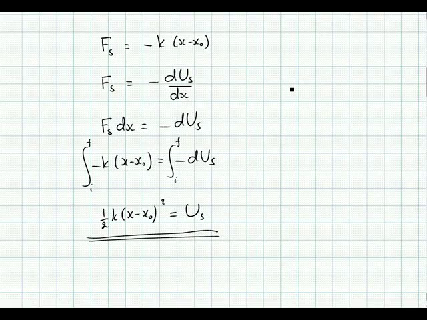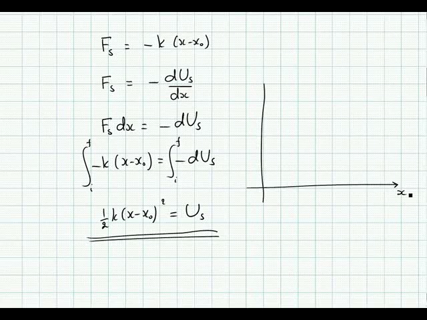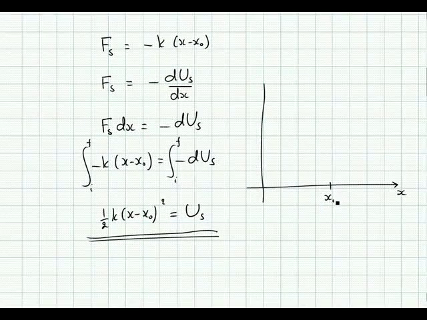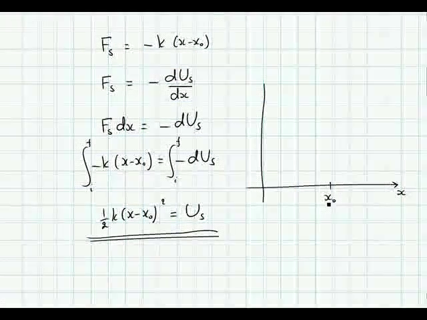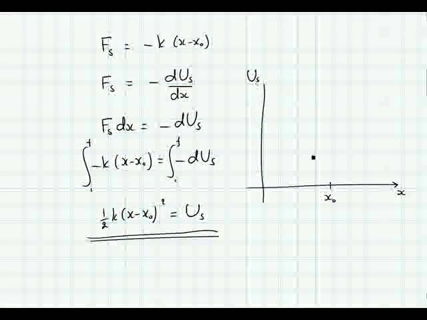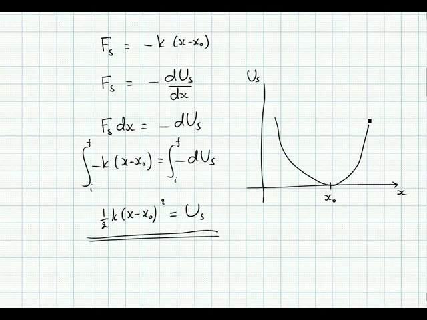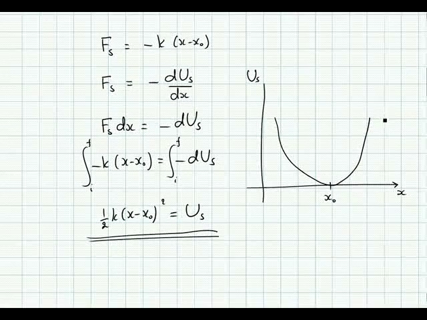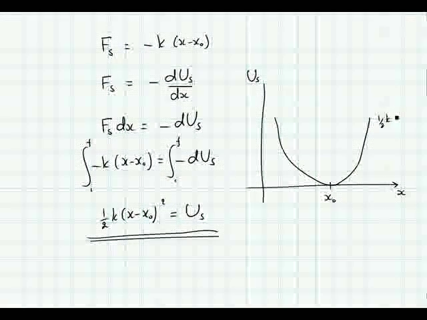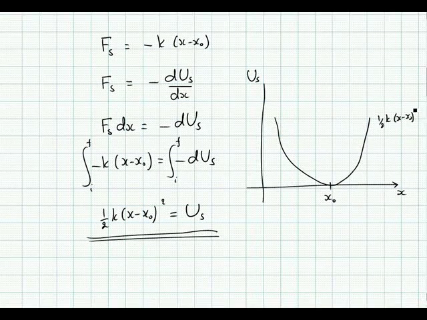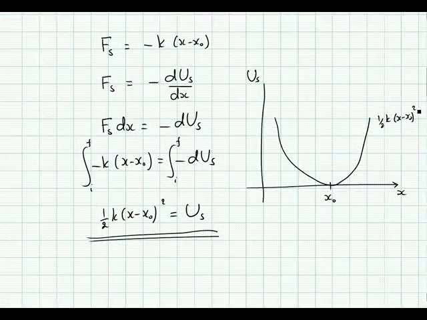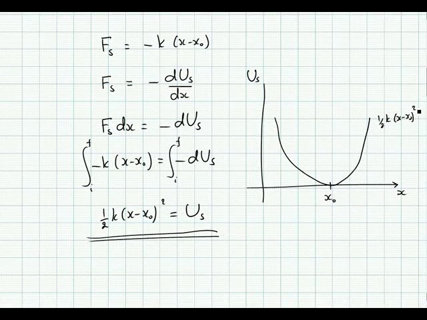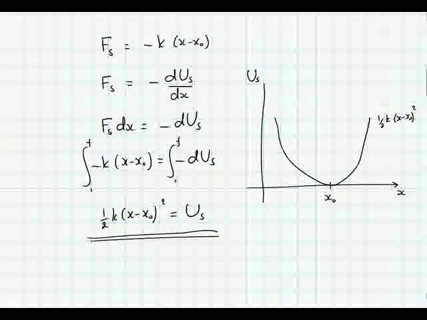So if you were to plot the potential energy versus position for a spring, let's note where our x naught is. That's the equilibrium position for the spring. That's the potential energy of the spring. So we actually will have a parabolic curve which is 1/2 k (x minus x naught) squared, proportional to x squared. I apologize for the crooked graph, but I hope you forgive me for the uneven drawing here.